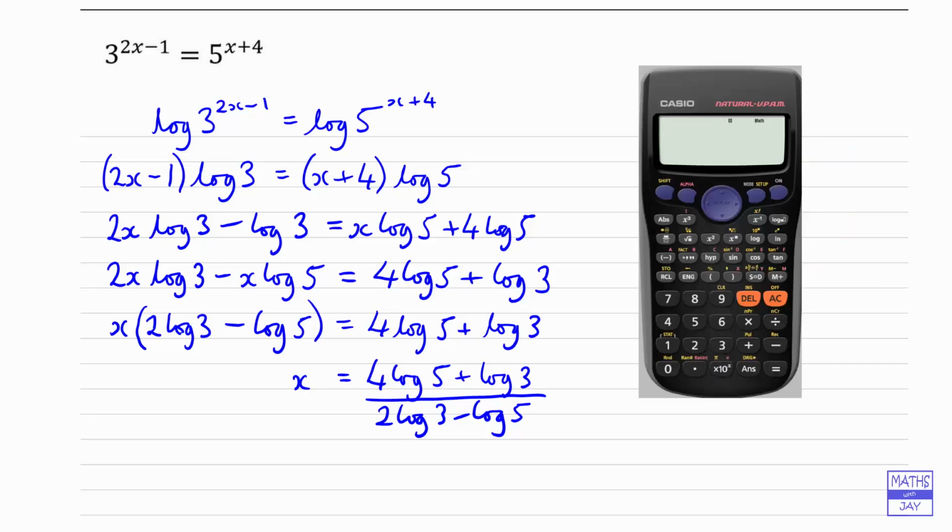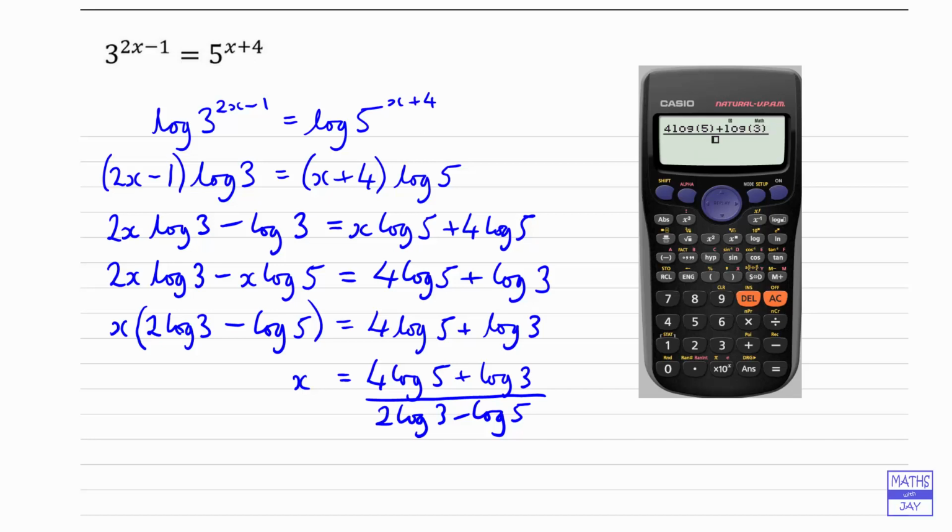So we want the fraction button first of all, and then we simply key in what we've written down. So 4, and we're using the log button. Notice it opens the bracket for us. So after we've keyed in the 5, we need to put in the close bracket. And then we've got plus log, it's already opened the bracket, so 3, and then close the bracket.